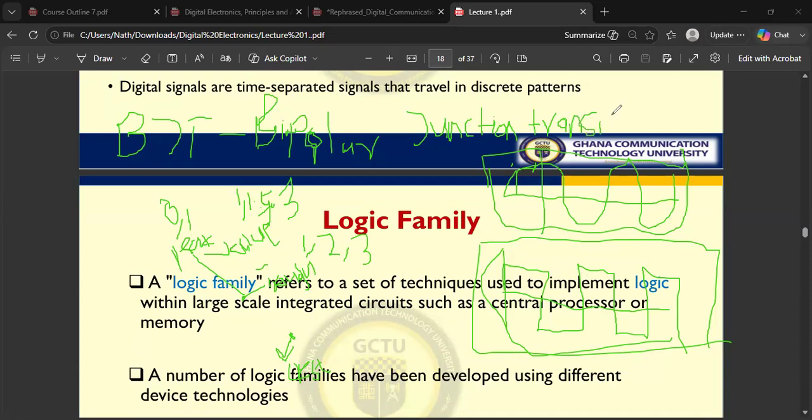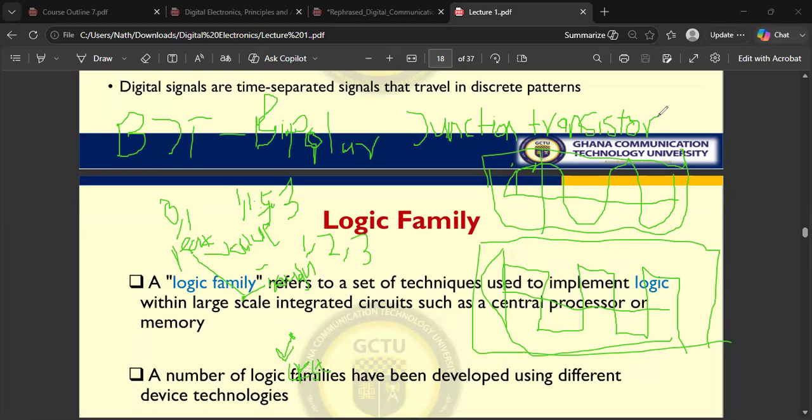Anyone here? Yes, sir. Can you say it: it increases the strength of weak signals. Yes, the increasing of the strength of a weak signal is what we call amplification. Transistors are used for amplification of signals, and then they are used for switching.